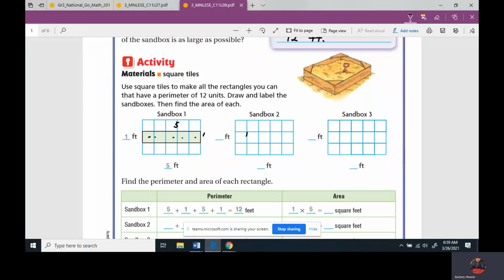So I'm going to go 2 down, 4 over, 1, 2, 3, 4, 2 up, 4 over, 1, 2, 3, 4. Let's see if it equals 12. It's 1, 2, 3, 4, 5, 6, 7, 8, 9, 10, 11, 12. Our perimeter is 12. It's 2 down by 4 across.